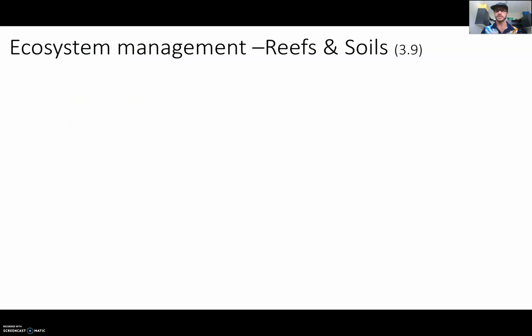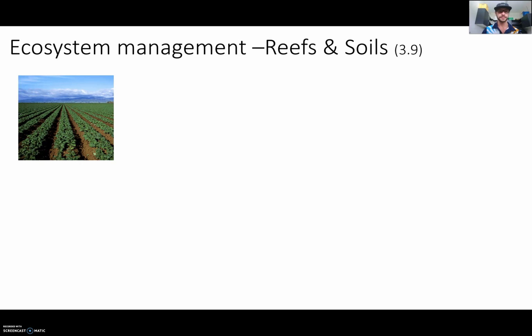So, other types of ecosystems. Let's talk about soils and reefs. Soils are very important because they determine the type of vegetation, the flora that can grow, and that therefore affects and influences the biotic factors that may be present. Monocultures detrimentally affect soil composition because they take out biodiversity and actually disrupt the nitrogen levels in soil.